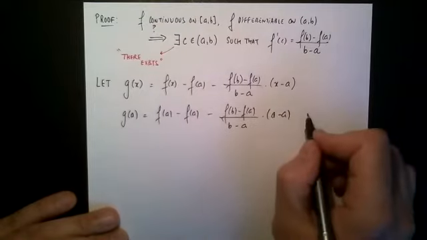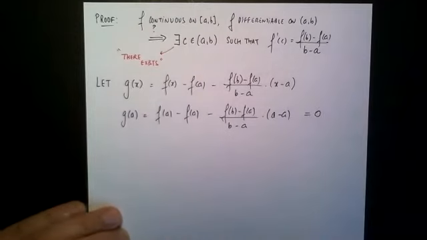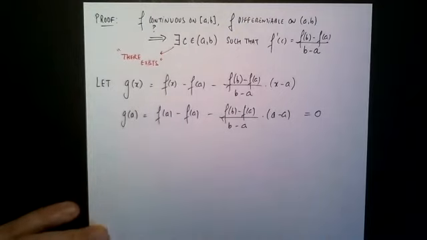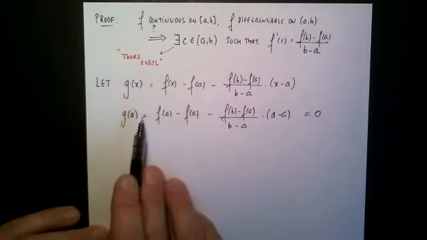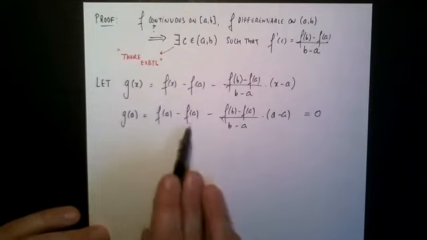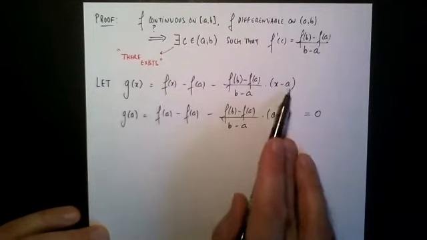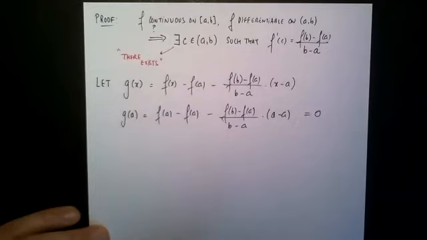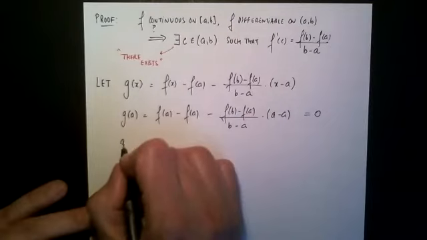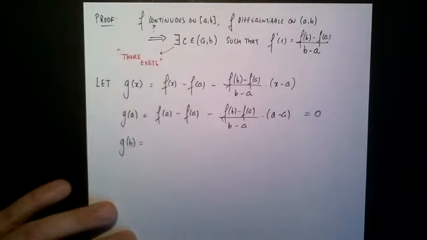So I get 0. Why would you get 0? Plug in: f of a minus f of a is 0, and here a minus a is 0, so everything cancels.